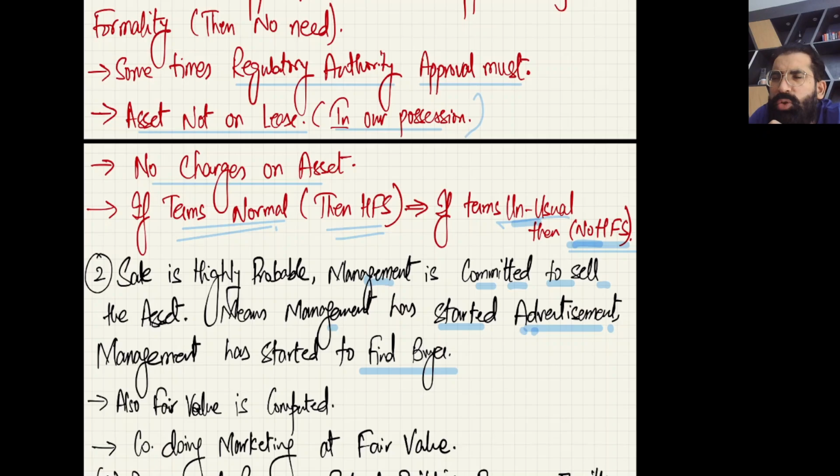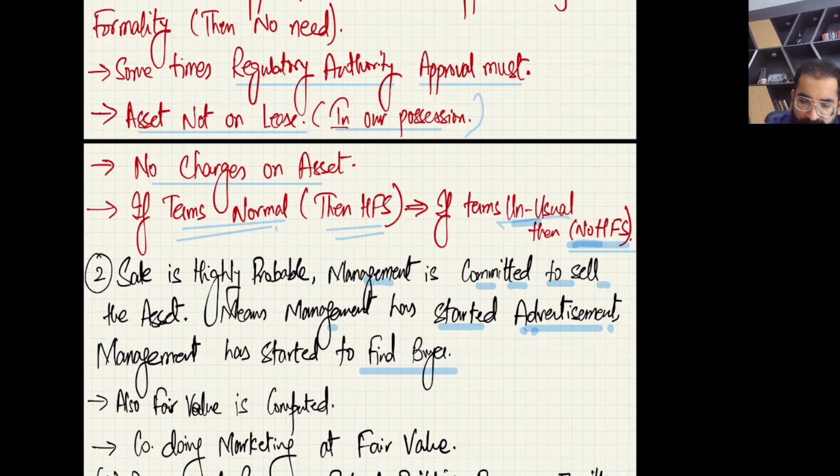So these are all unusual conditions. So in that case, it's not held for sale. Okay. So if you're not following the market pattern, then it's not held for sale.